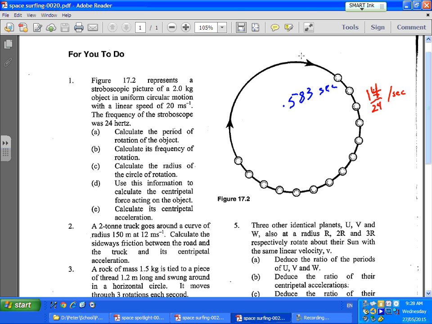So what you're saying is you've got 2 pi r on the period equals 20, the velocity, which is correct. Good. So then to find r, it's going to be 2 pi. Sorry, no, it's not. What formula did you use to get that?